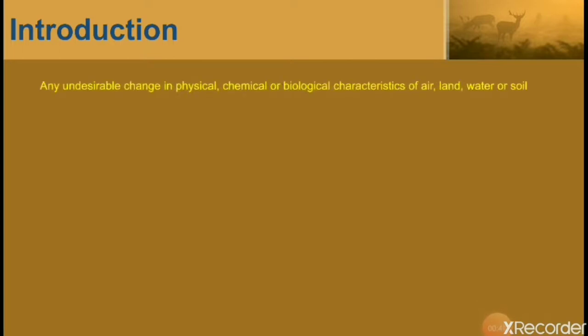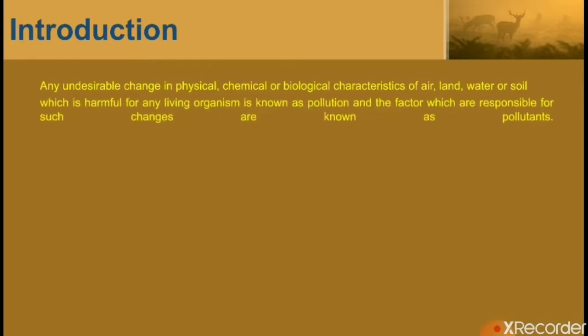So the first thing that comes to mind is, what is pollution? Any undesirable change in the physical, chemical, or biological characteristic feature of air, land, water, or soil, which is harmful for any living organism, is known as pollution.